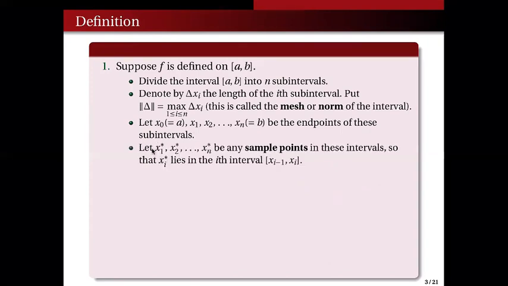Okay? And then we choose sample points: x1 star, x2 star until xn star. So any sample points on the intervals, so that, of course, x sub i star lies in the ith subinterval.